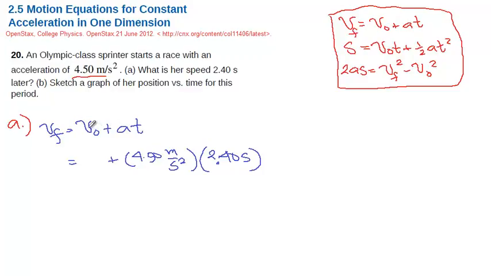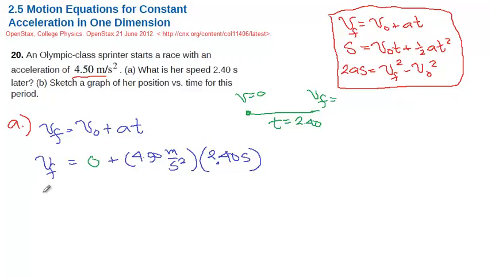However, we don't know VO yet, but if you carefully analyze the situation, the sprinter must be starting from rest, right? And then speeds up, accelerating until she reaches a speed we don't know yet. During that t equal to 2.40 seconds, she must be starting from rest and able to attain a certain speed, Vf. So VO is 0, and based on that, we can solve for Vf.